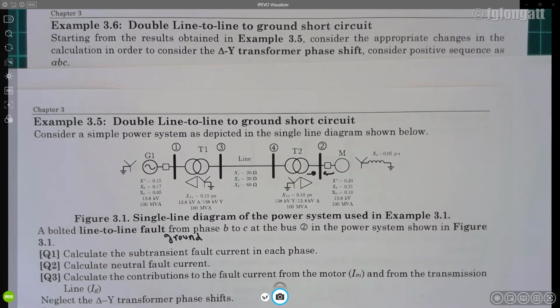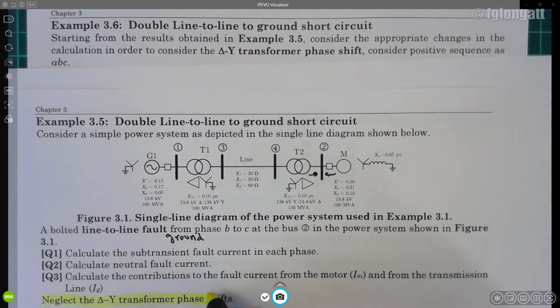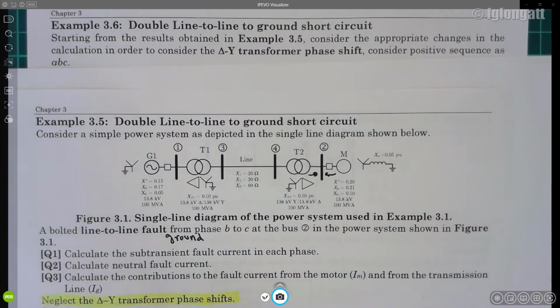Again, don't attempt to solve the example 3.6. Don't jump the examples because you will need knowledge coming from the example 3.5. In example 3.5, it was very important that in those calculations we neglected the phase angle shift between the delta and star connection at the transformer.